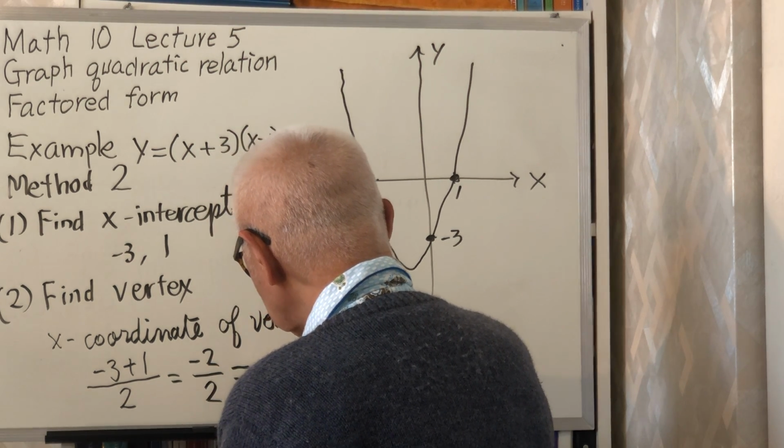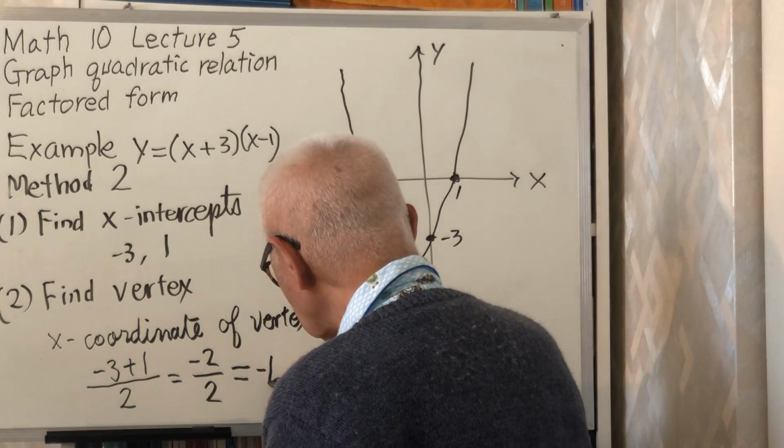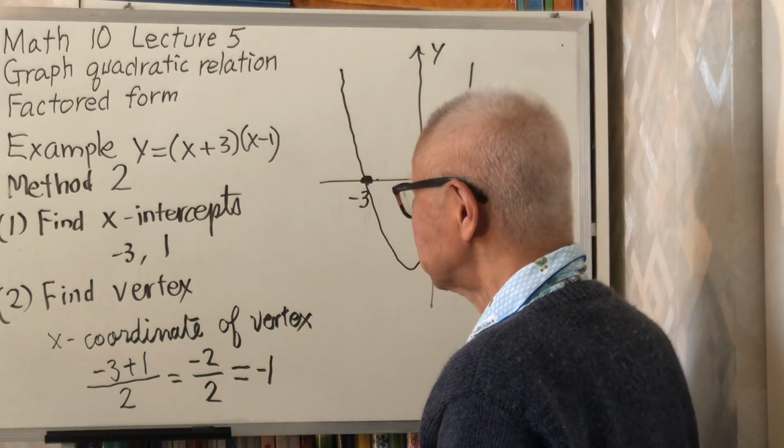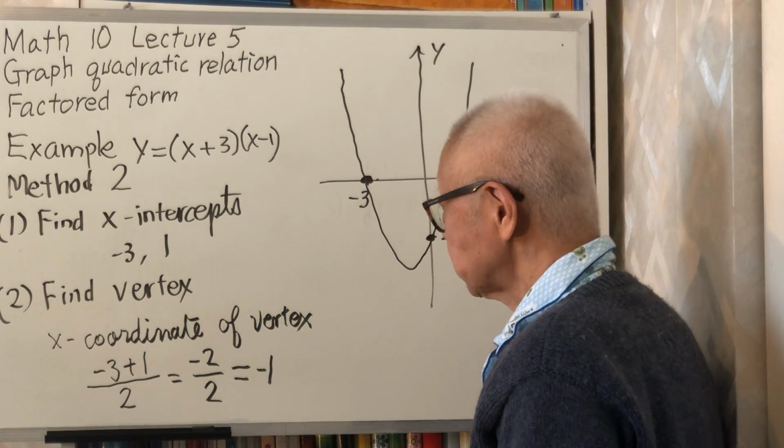So we see the x-coordinate of the vertex is -1.